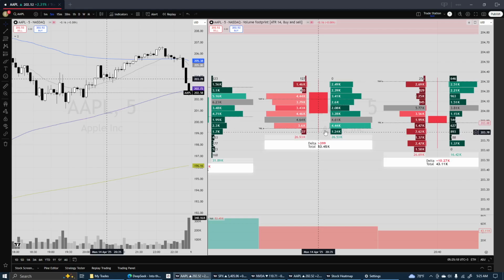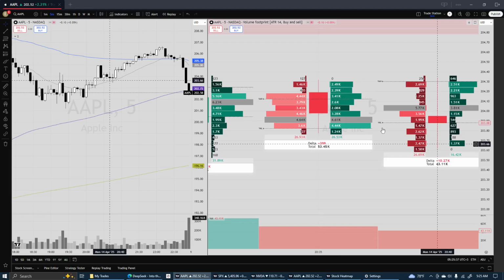Exhaustion of buyers. Okay, I am seeing the buyers are beating the sellers at this level. The sellers are stepping up at this level, adding pressure, adding pressure. Buyers holding their own at this level.